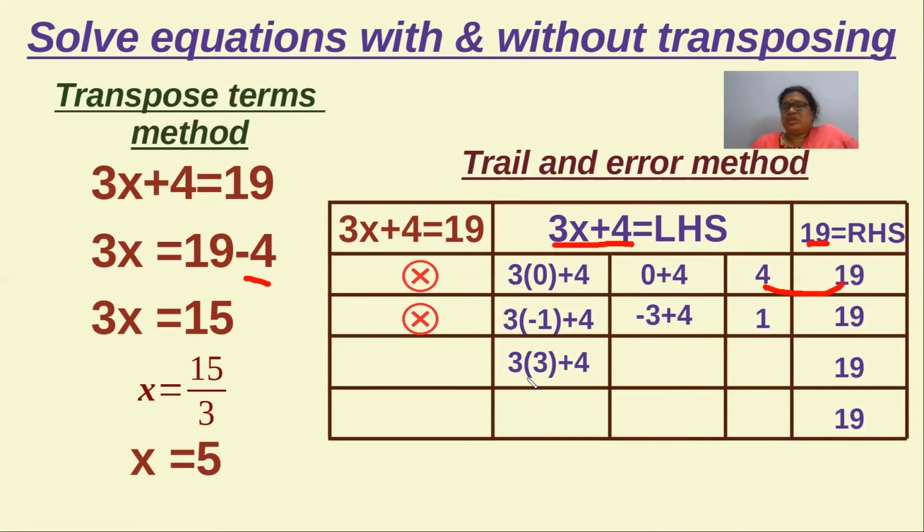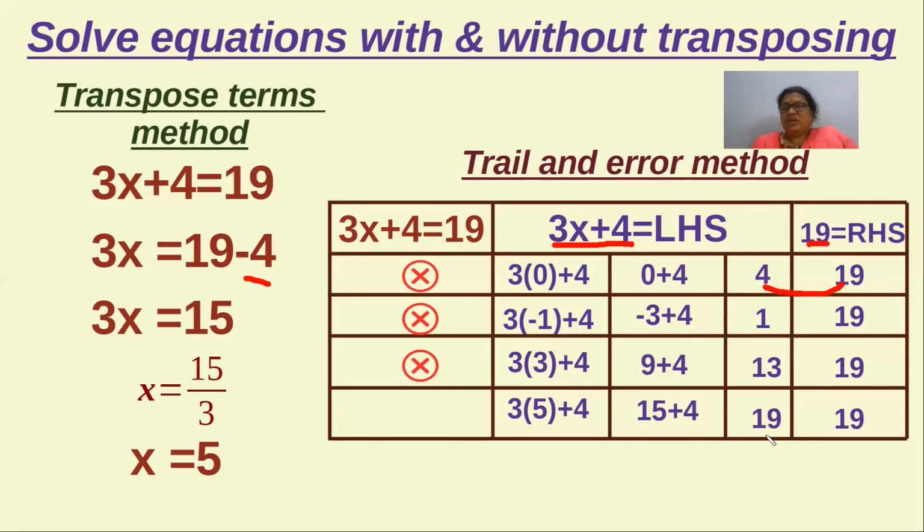Now we will put 3. 3 3s are 9. 9 plus 4, it is 13. Now 13 is there on the left hand side and 19 is there on the right hand side. Are they equal? No. So in this case also, it is not possible. Next we will put 5. 5 3s are 15. 15 plus 4, you will get 19.